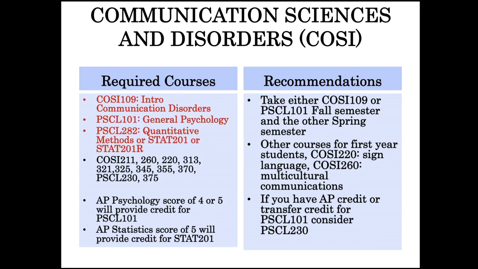There's a variety of other communication science courses that don't have prerequisites that you can also take during your first year that give you experience in multicultural communications, in sign language, and other areas of introductory topics in communication sciences. In addition, you can see that you can use AP credit for some of the requirements, in particular psychology or statistics.